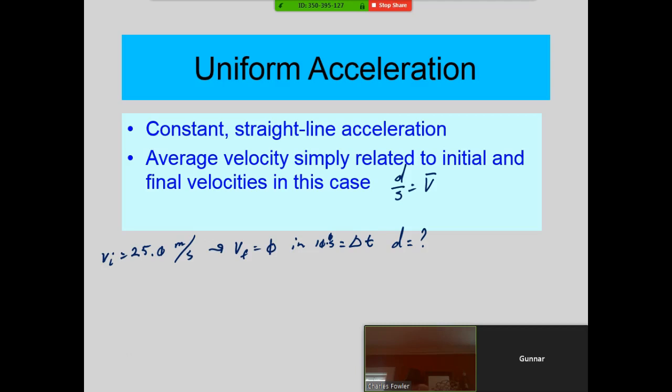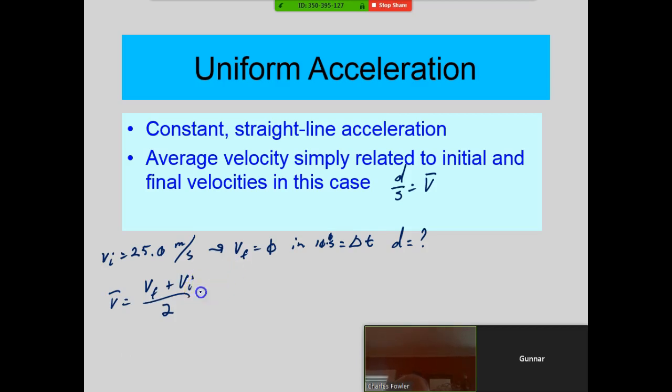So with that in mind, we have another formula for V bar, the one that was just up here. In fact, I'll show it again, right there. V bar is V final plus V initial over 2, the average between the first two. This is true anytime there's uniform, constant, straight line acceleration.